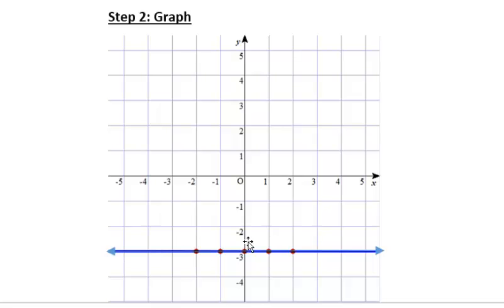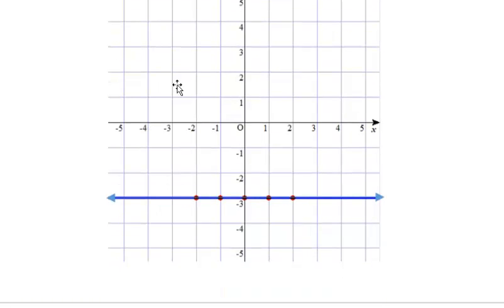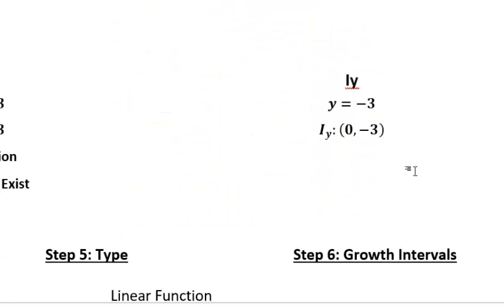Okay, it wouldn't go up, so it's not increasing, and it wouldn't go down, it's not gonna fall, so it's not decreasing. It stays on the same number. It doesn't move from -3. It stays always there. So basically this is a constant interval that we're having here, right? The entire line is constant.